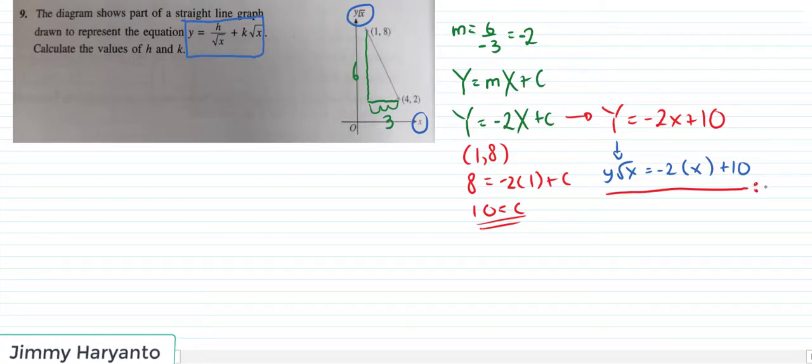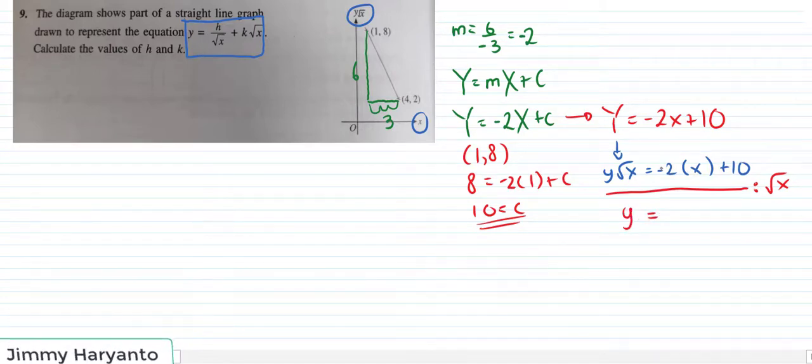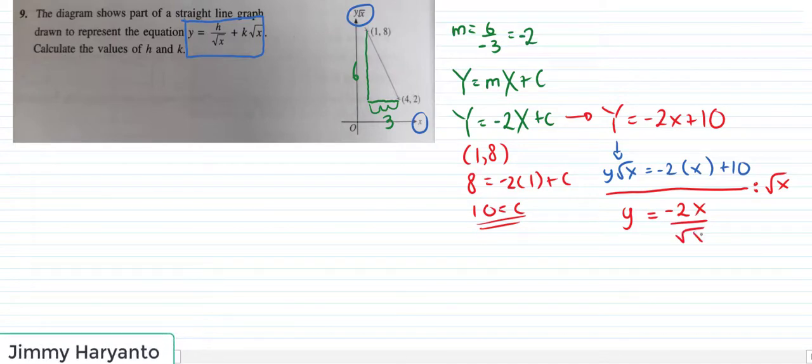Yes, divide them all by root x. And then y root x will become y only, negative 2x divided by root x, and then plus 10 divided by root x. Is it similar? Oh, not yet. So how do we make it similar?